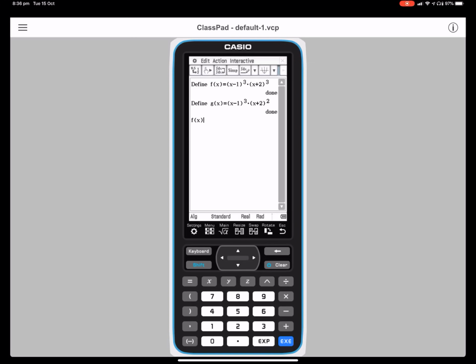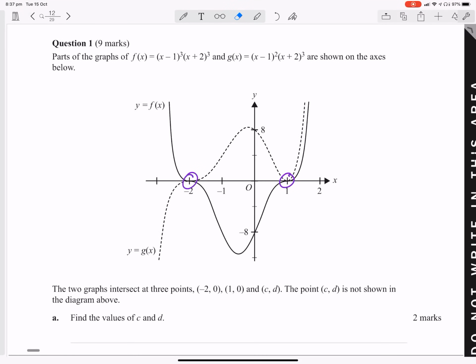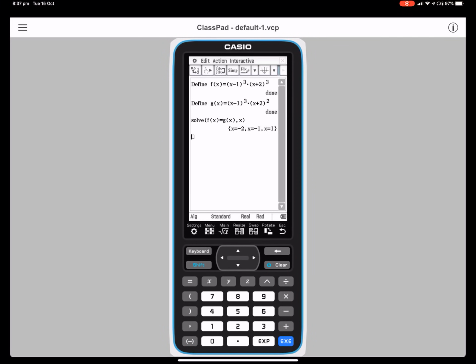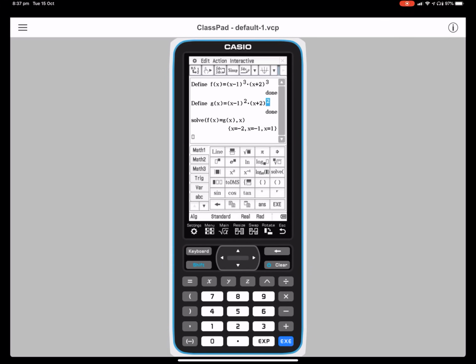Okay, we want to know when they're equal. So this exam's all about efficiency, being able to do things pretty quick. Negative 2, negative 1, 1. Okay, I've stuffed it up. x minus 1 squared, x plus 2 cubed.